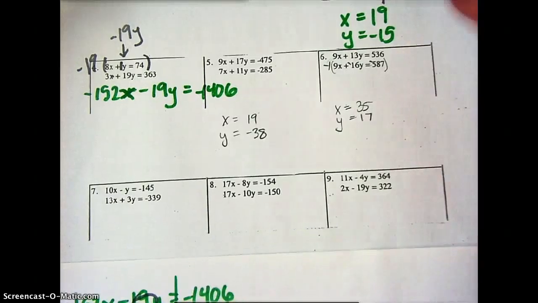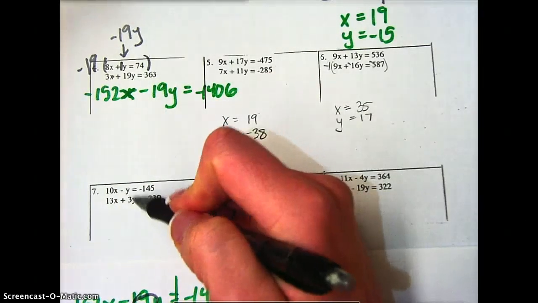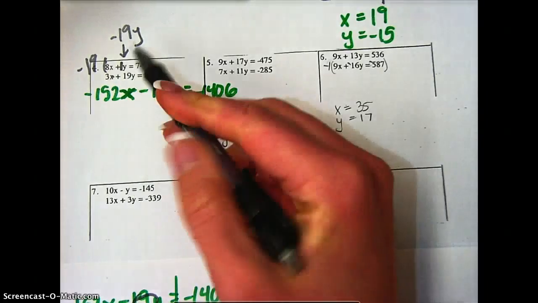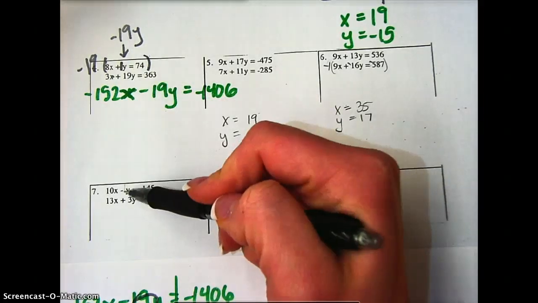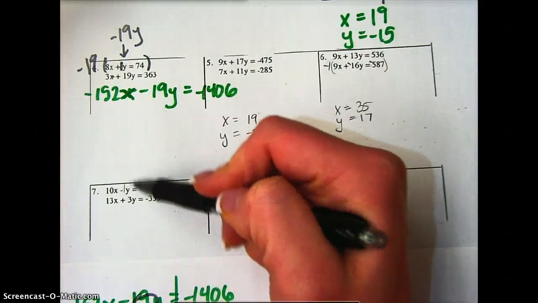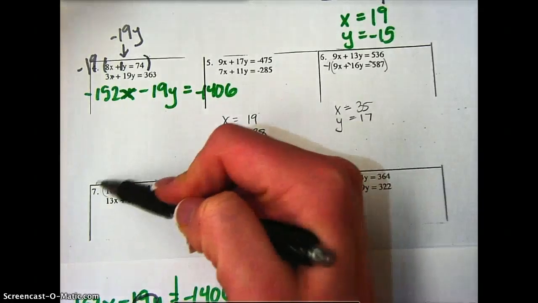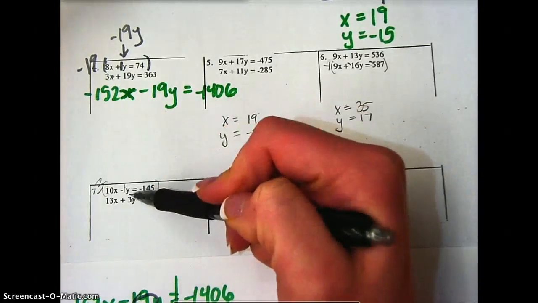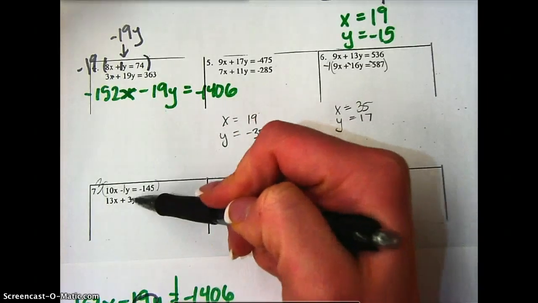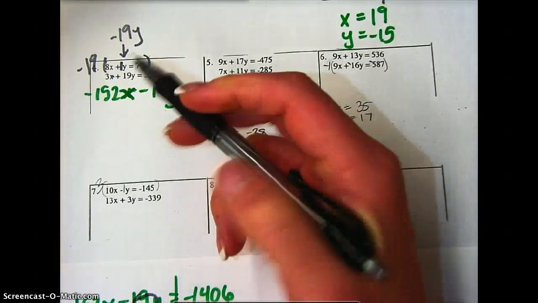Number 7 is a pretty quick fix. Notice that the y's are going to be the easiest, just like number 4, because this has a 1 right here. And it's easy to change a 1 into a 3 by simply multiplying by 3. And remember, we don't need to make it positive or negative. It's already negative, so it'll cancel with this if we make it a negative 3.